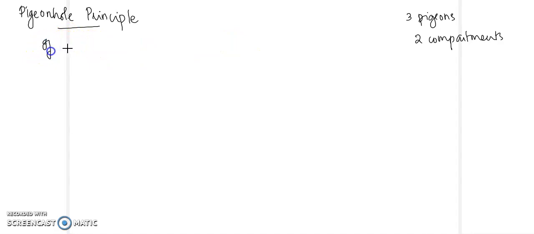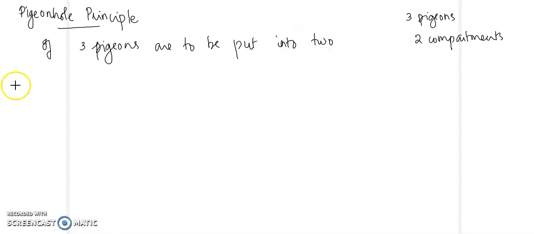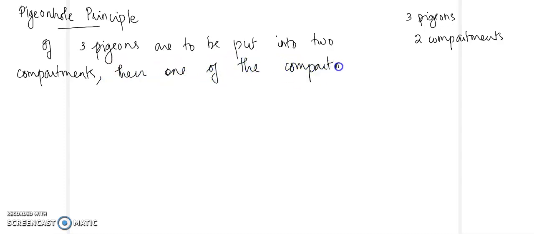So if 3 pigeons are to be put into 2 compartments, then one of the compartments will accommodate at least 2 pigeons.